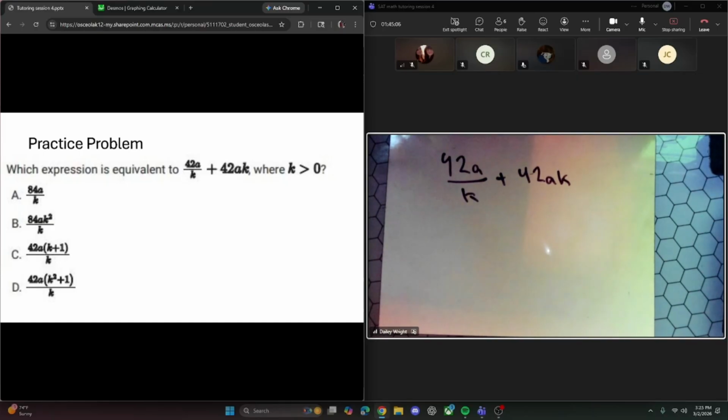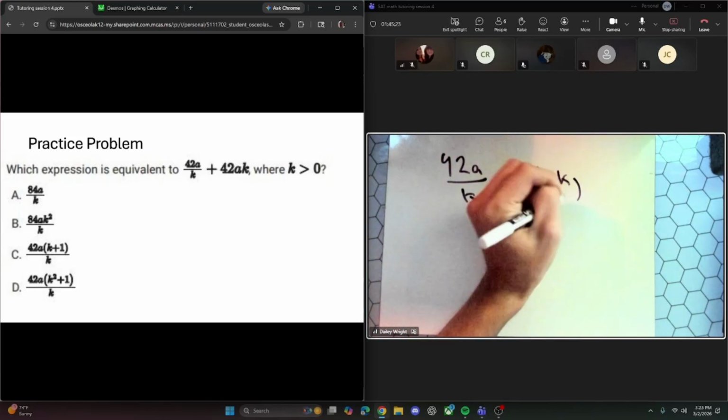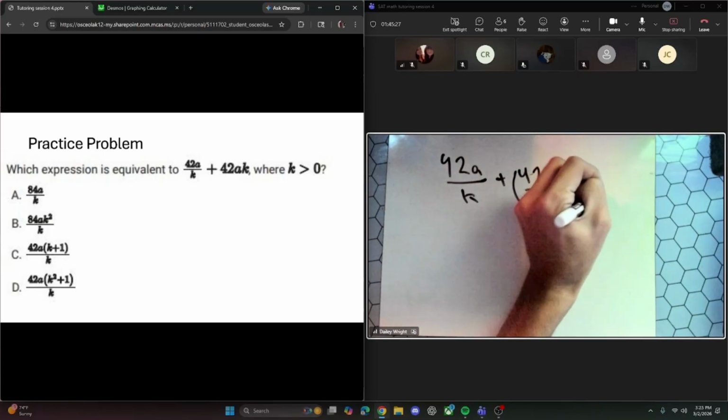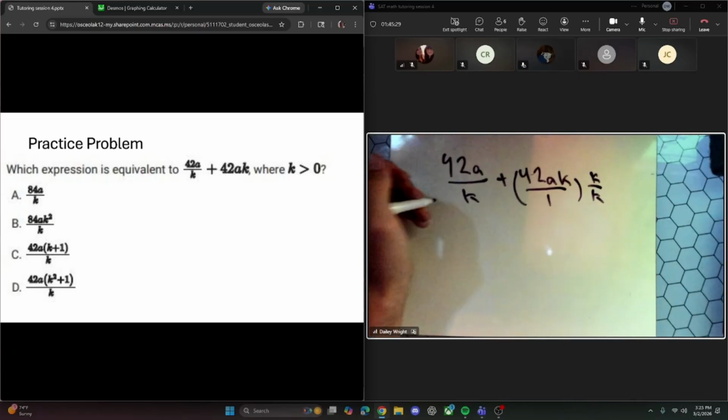I'm going to look at my answer choices again, and I see they all are over k. They're one big fraction again. So I'm going to try to make this one big fraction. To do that, I want to multiply this side, because this is over 1, by k over k, so I can get common denominators.